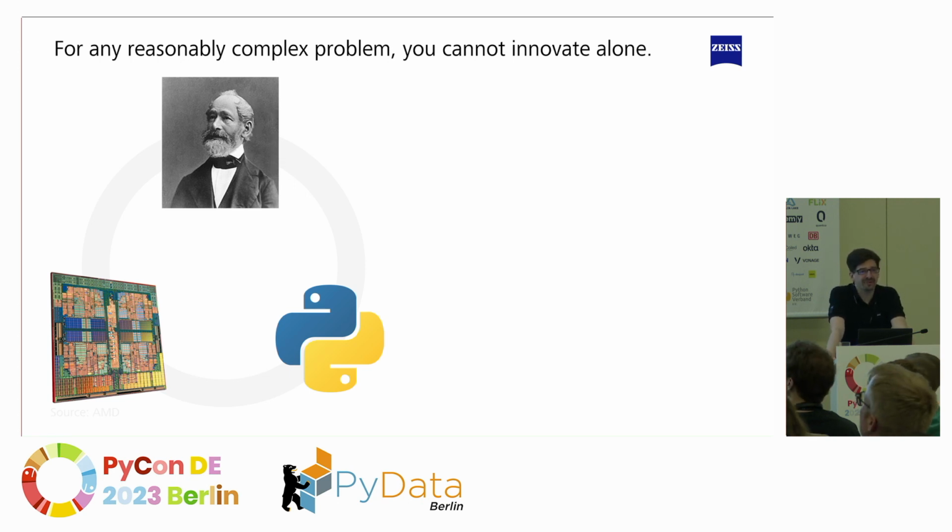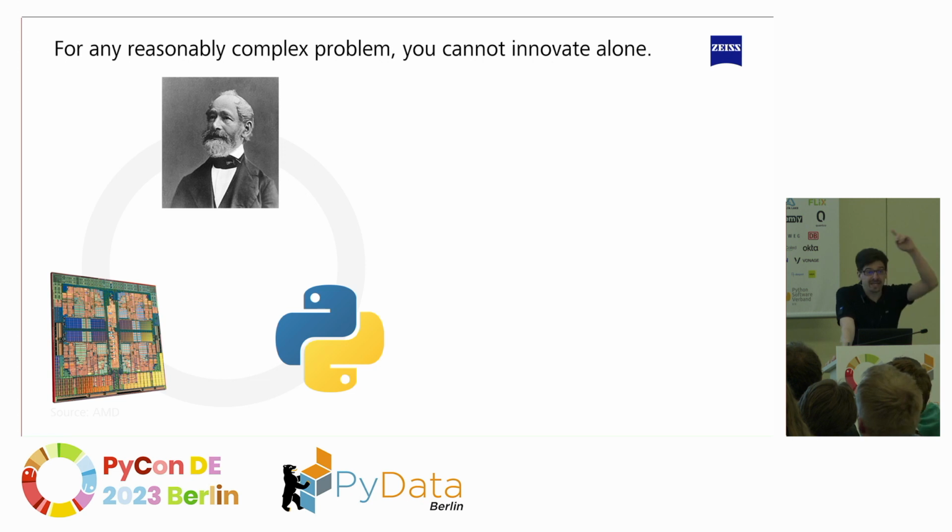So then I would like to conclude. We have seen that we have an interplay between what Carl Zeiss does with Python and computer chips. You can read this in two ways. You can say, as I just showed you, we at Zeiss use Python to enable the R&D for the next generation of computer chips.